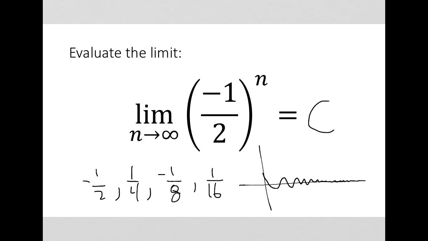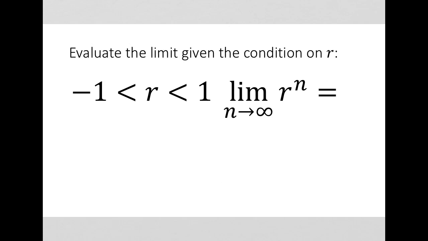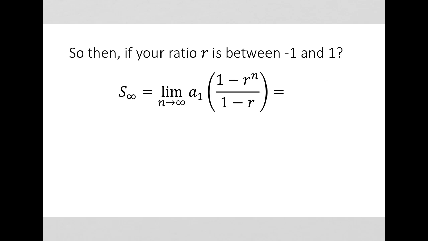So even though it's negative, we are still going to tend towards that same 0, which is kind of cool and interesting and different. And so if r in general is between -1 and +1, this limit is actually going to be equal to 0, which is actually hugely important for us.